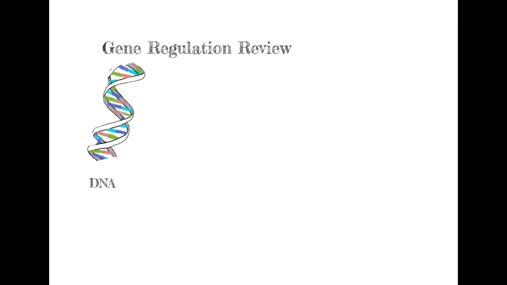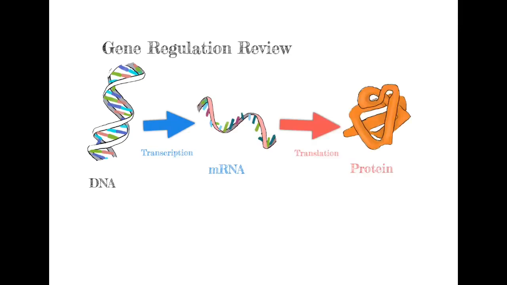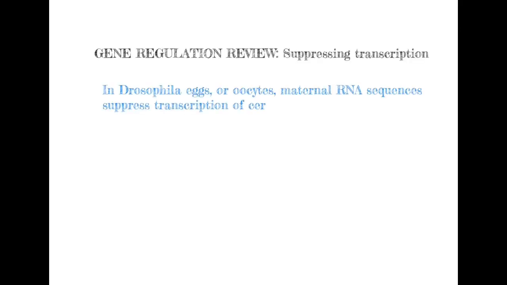First of all, genes are transcribed into mRNA, which is then translated into a protein product to express the gene in question. This is a really complicated process that does require some regulation. One way to regulate genes is through suppression of transcription, and this usually will occur in Drosophila eggs.